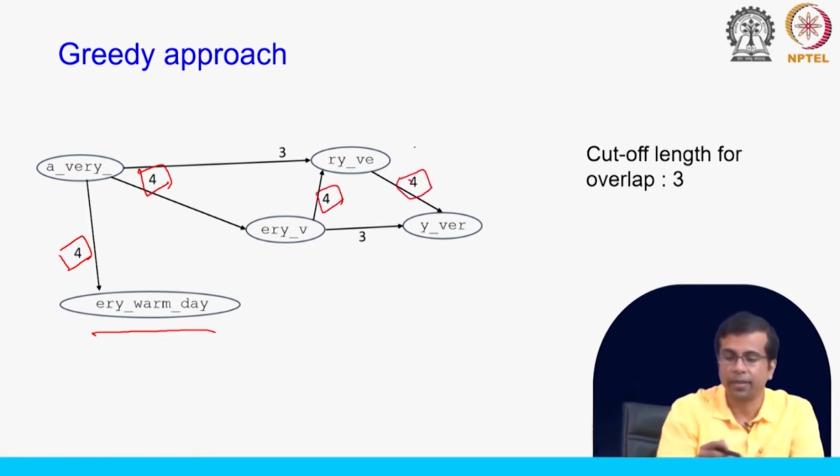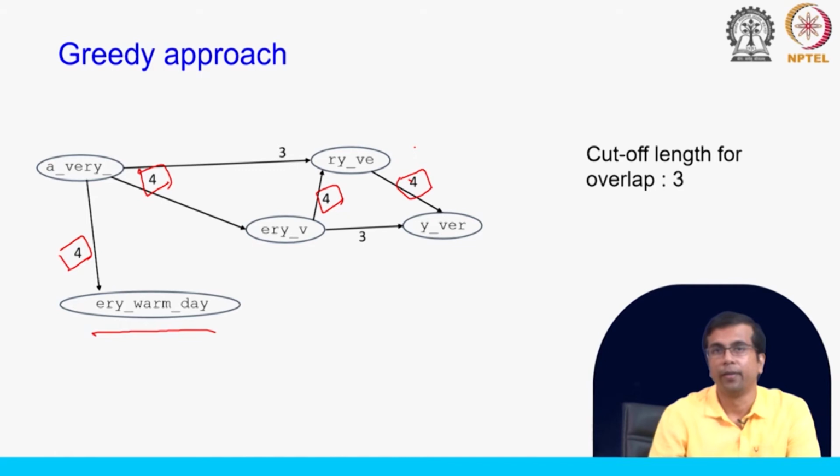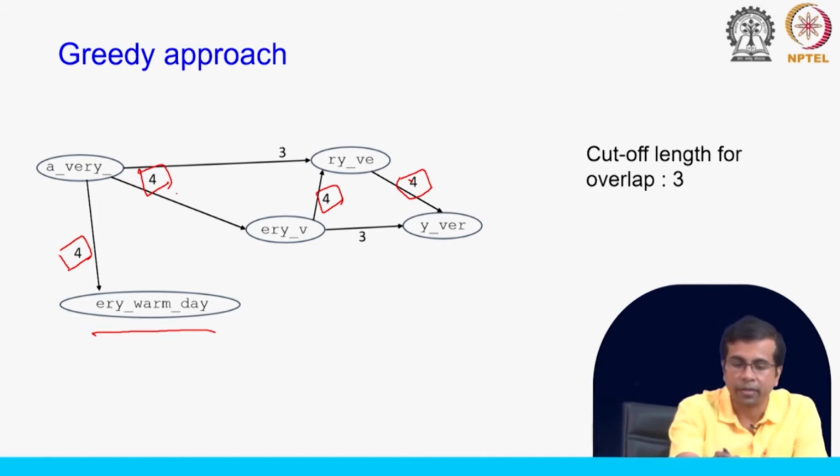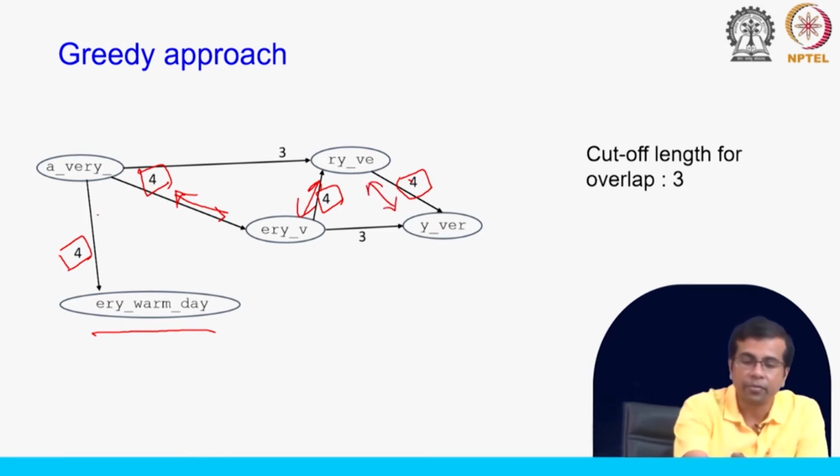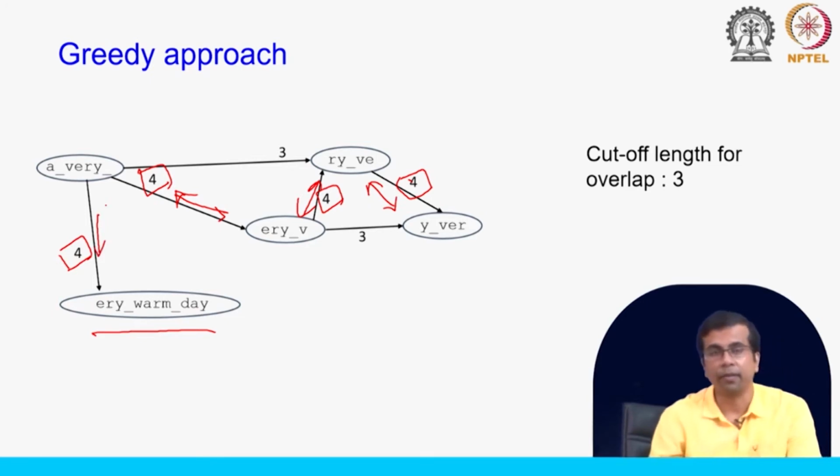So, at 4 different places you have these values, okay, and again the greedy approach can choose anything. Okay. So, let us say it chooses this path, right. So, it merges these two, okay, then these two maybe, then these two. Okay. So, it takes this path, it merges them, then it chooses this one. So, in that case what you will get is "a very warm day", that is the correct reference sequence.